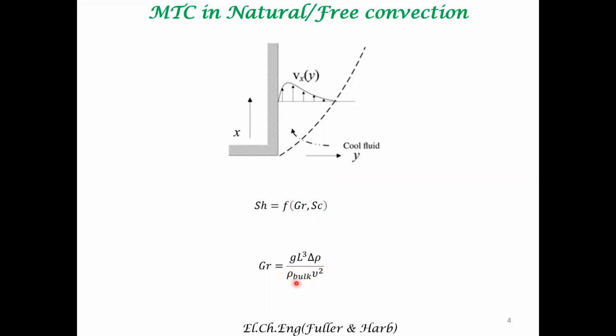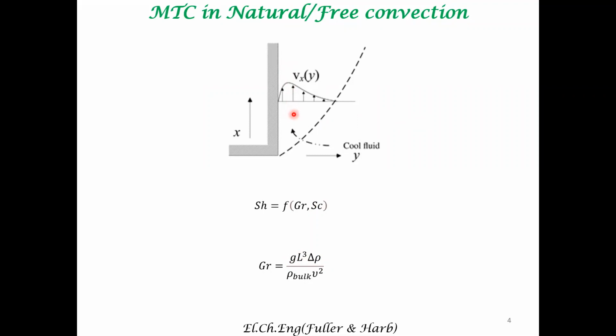This is the density at the bulk. And again, this is the characteristic length, which is often the size of the electrode that is in your reactor. This is the gravitational constant. So this is the density difference that can exist between the bulk and the electrolyte near the electrode surface.